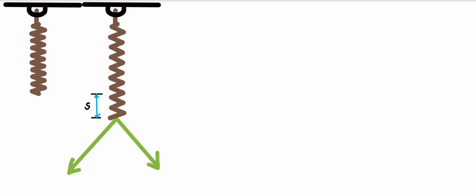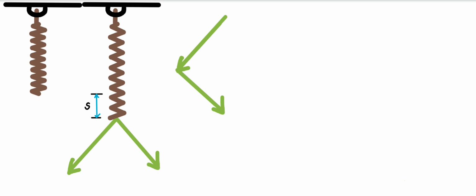Similarly, you can find the magnitude of this force from the displacement value S. We have already discussed that spring force is proportional to the displacement. So this gives me a value of the resultant from an experimental output of these two forces. Let's check whether this experimental value agrees with our law.